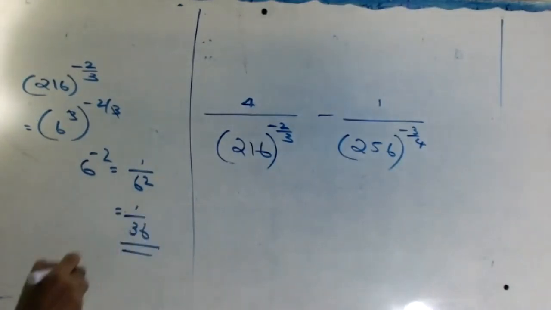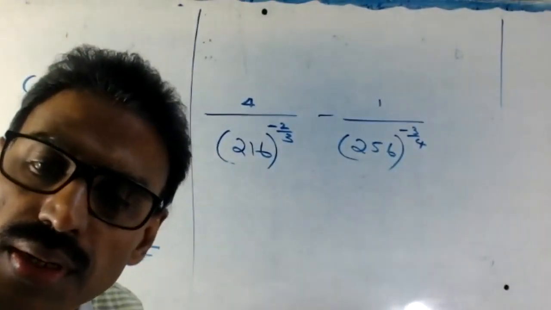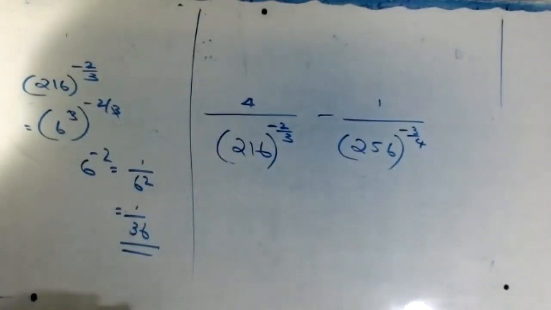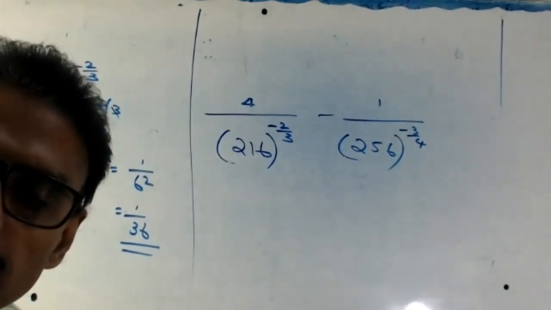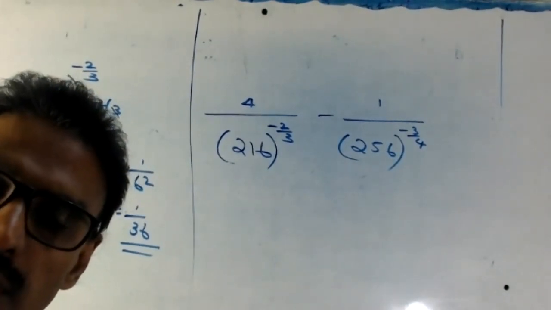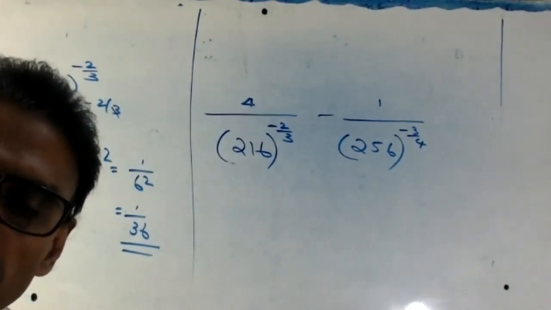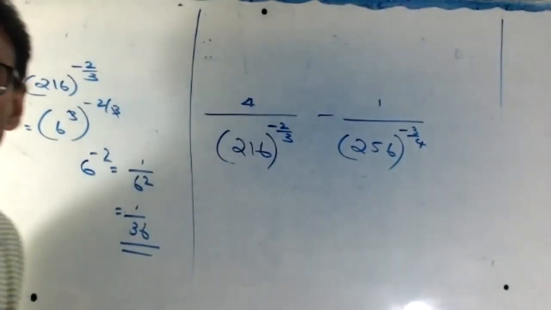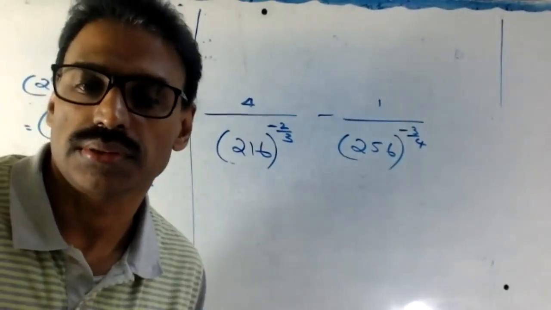Are you okay? If you have doubt, ask me. Okay, Dhruv, is this okay or not? This part only. Forget about the last part. Hey Dhruv, come on. Others, this part okay? Where is everyone?